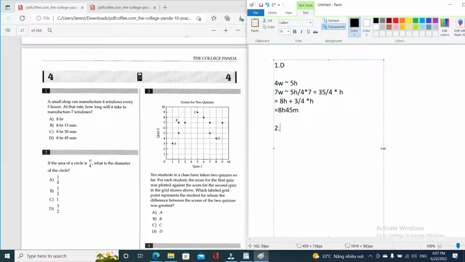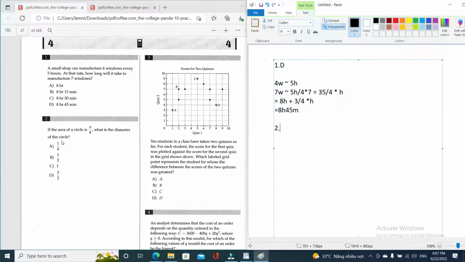Number 2. The area of a circle is pi over 4. What is the diameter? Okay, so the area of a circle is going to be pi times r squared, which is r times r, right? So r squared is going to be equal to pi over 4, which is pi times 1/4.